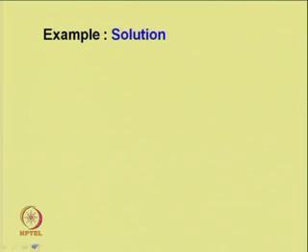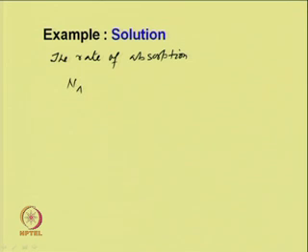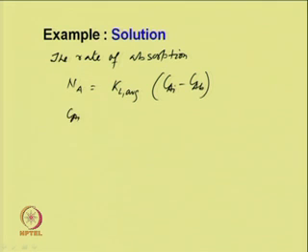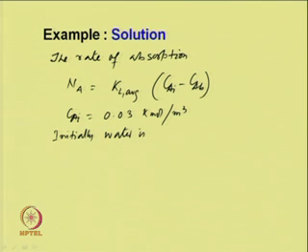Now, we can calculate the flux or the rate of absorption, which is N_A equal to k_L average into (C_AI minus C_AB). C_AI is given 0.03 kmole per meter cube, and initially water is CO2 free.